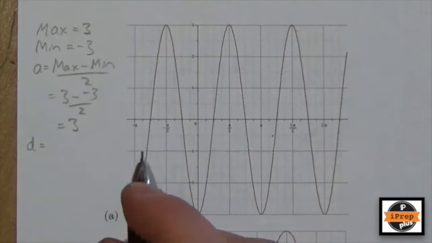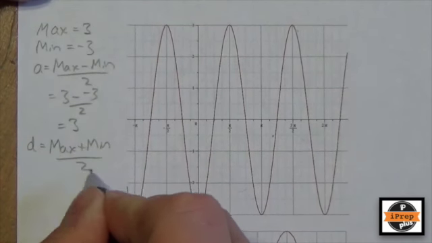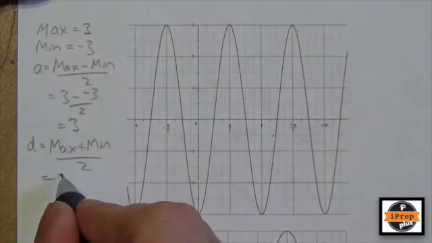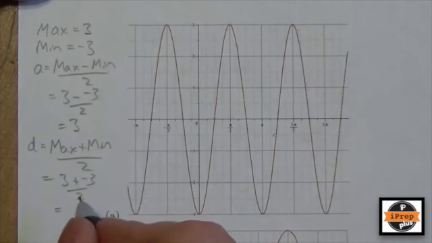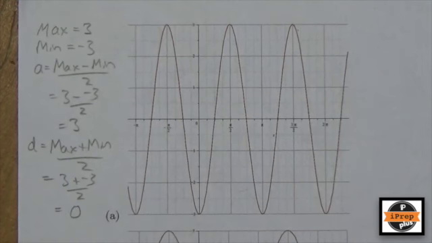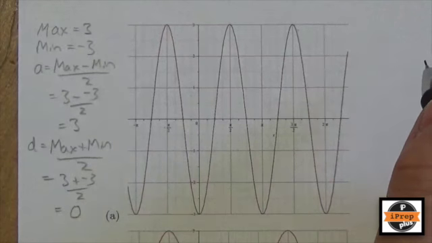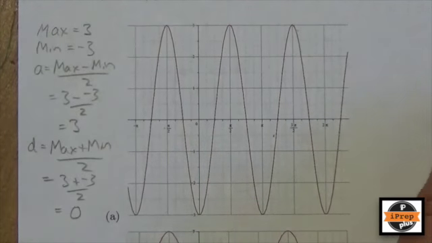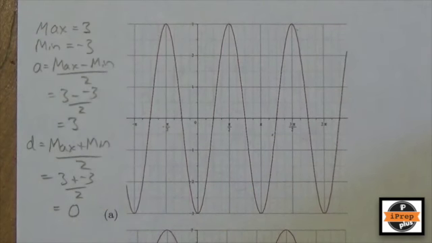But I've also got a formula for that. This is going to be the max plus the min divided by 2. It's the average of the max and the min. So this will be 3 plus -3 over 2, and 3 plus -3 is 0, divided by 2 is still just 0. So right now, I've got the A value and the D value. I've already got 50% of the variables that I need. And actually, these will be true regardless of whether I'm talking about sine or cosine.